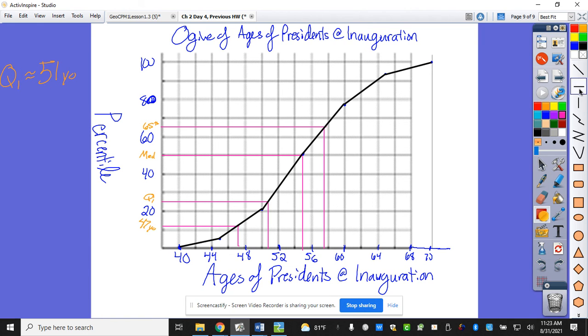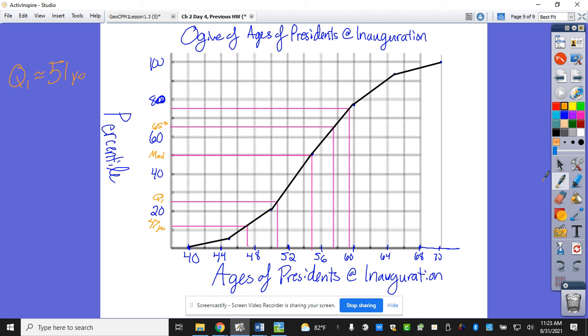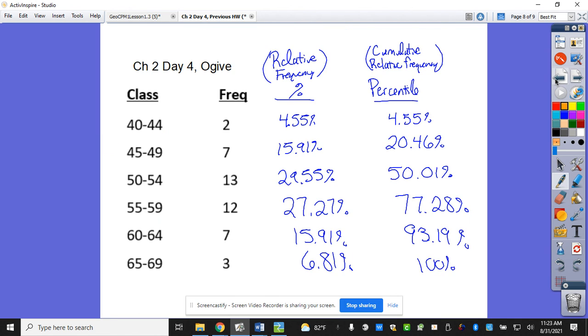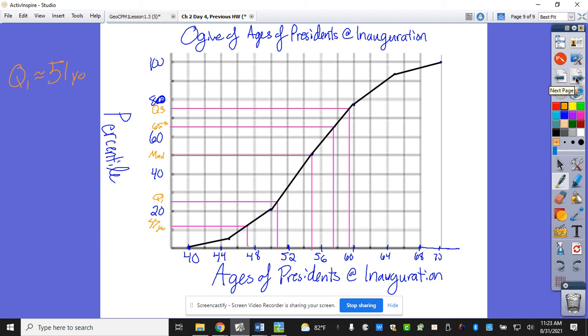75th percentile. Right, that's Q3. This is one where, no questions asked, I would not accept 60.